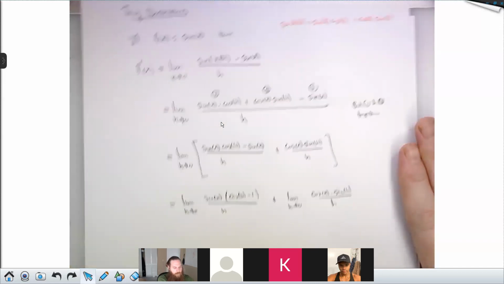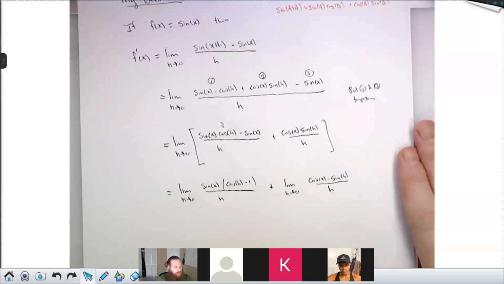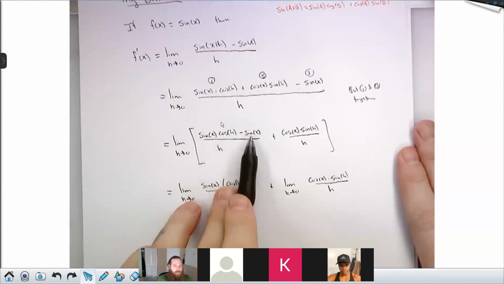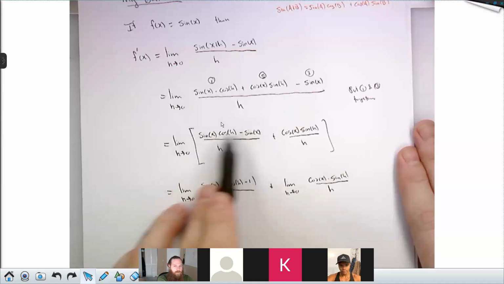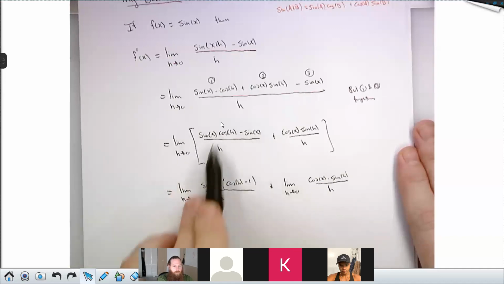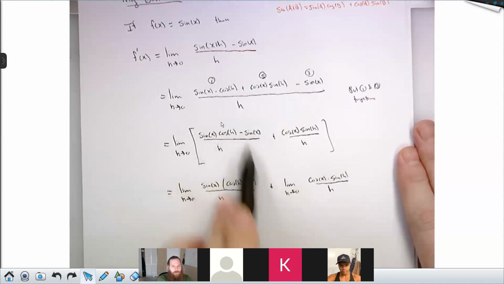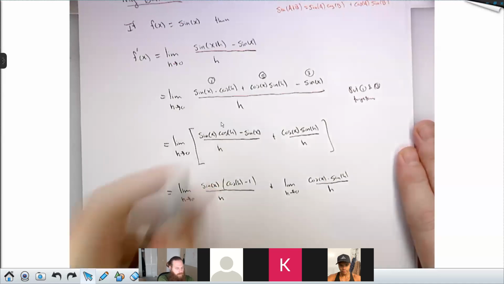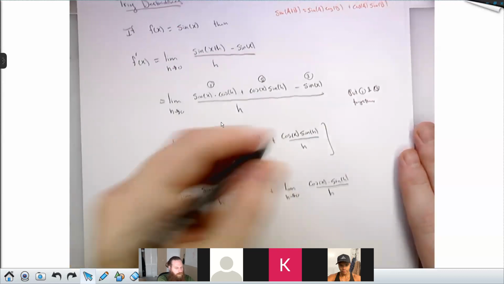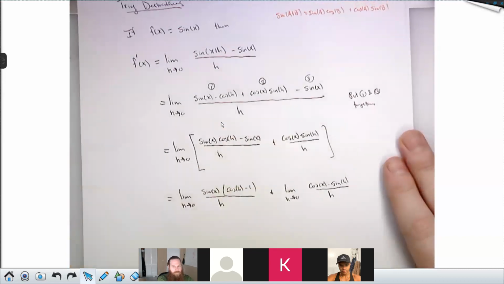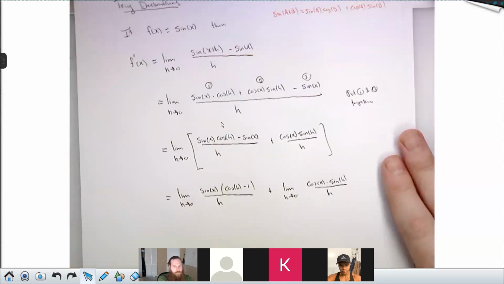So just a little bit of algebra and limit laws. From this first bunch, I can factor out the sine x, and what's left is cos h minus 1, still over h. And I give the limit separately to this piece, where I don't do anything.